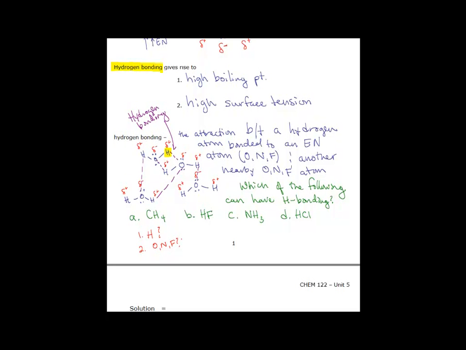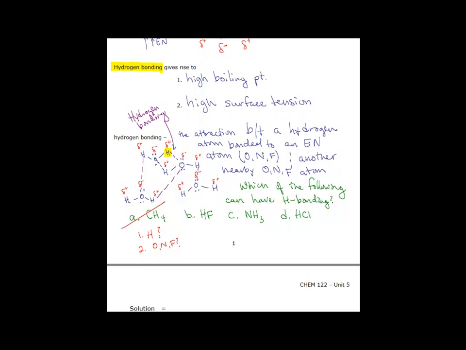So if you look at A, we do have hydrogens present, but we don't have O, N, or F. So that one's off. And if you don't use this shortcut, your alternative would be to draw the Lewis dot structures, and it could take a lot of time. So first, keep it simple. Does it have hydrogen? Secondly, does it have oxygen, nitrogen, or fluorine?